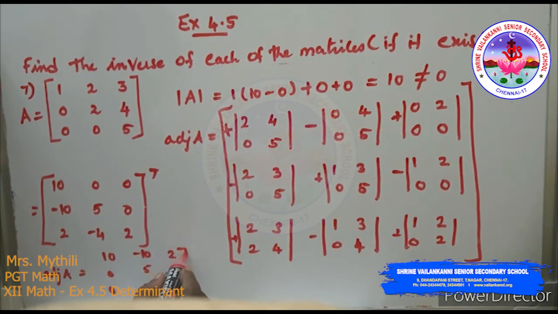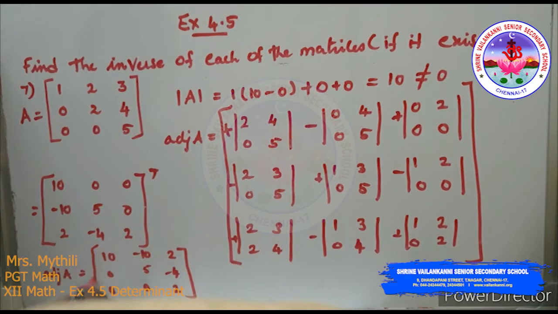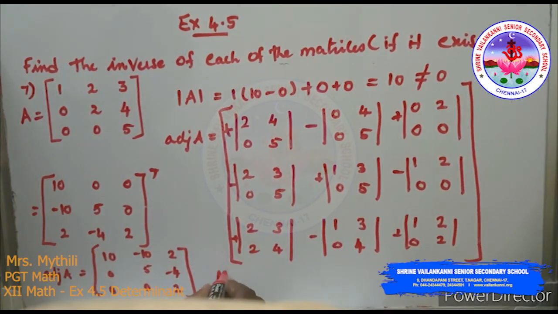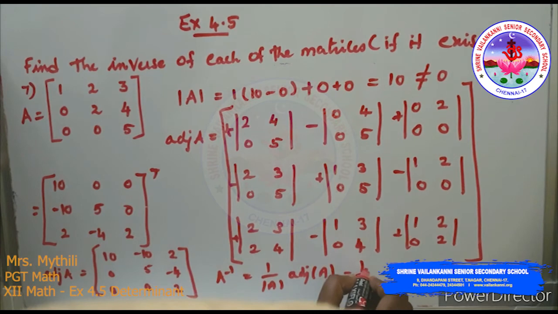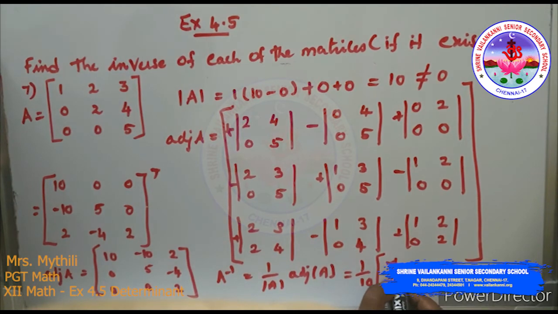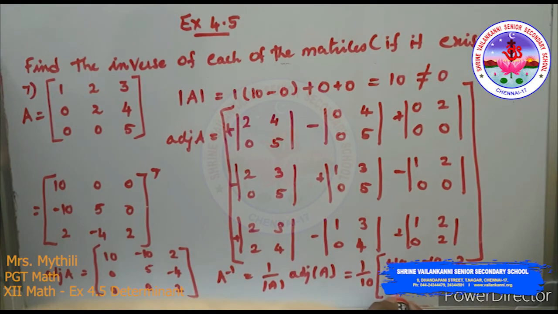Now we have to find A inverse equal to 1 by determinant of A into adjoint of A, which is equal to 1 by determinant of A, which is 10, into the matrix 10, 0, 0, minus 10, 5, 0, 2, minus 4, 2.